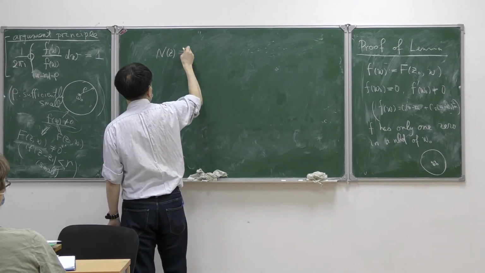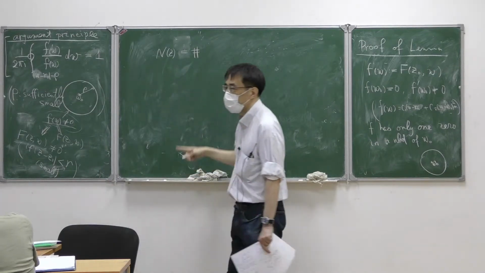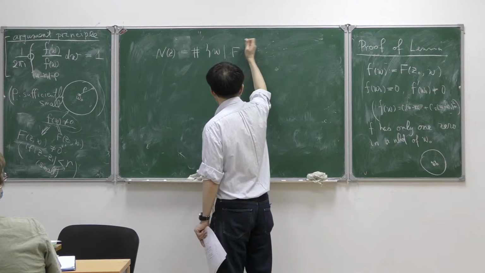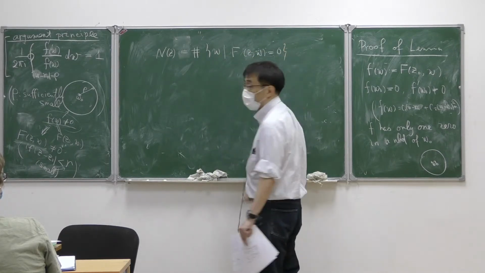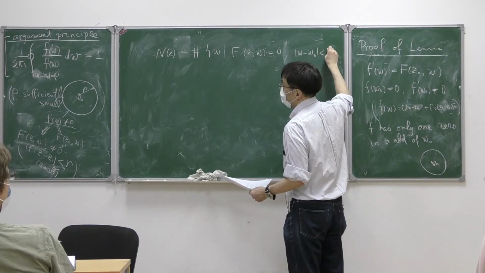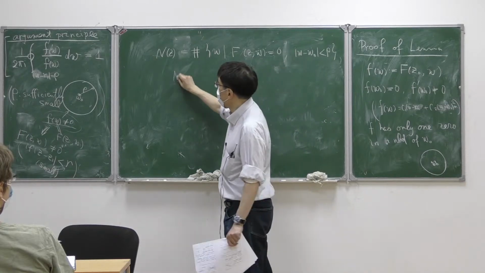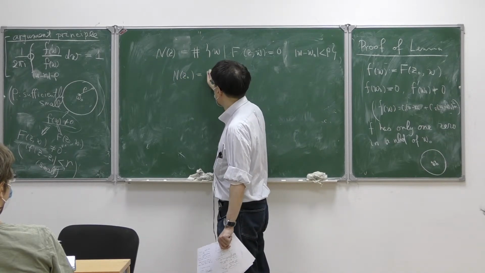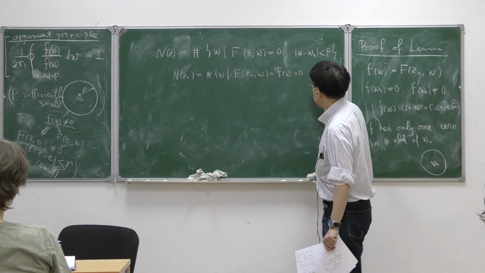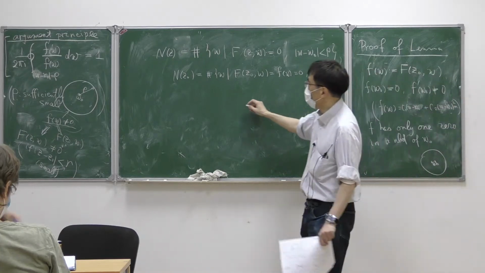And if we define a function N as the number of zeros of this equation in this region, for example, at z0 it is, by this consideration, 1.